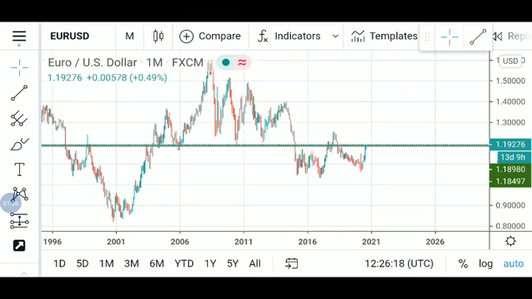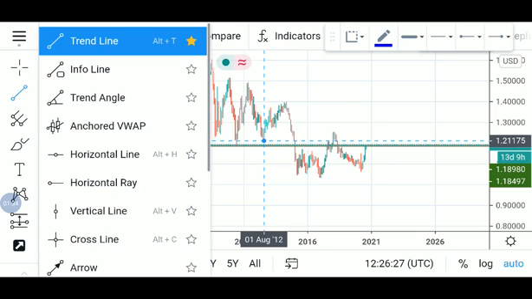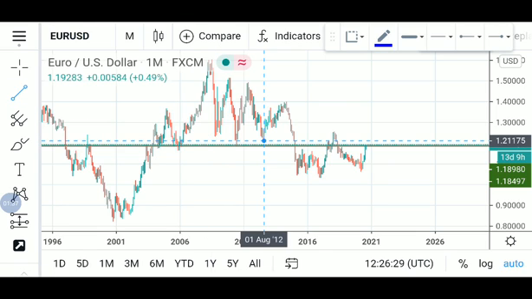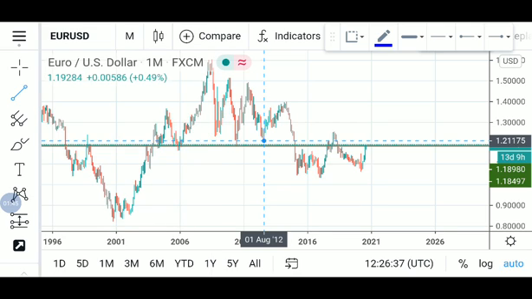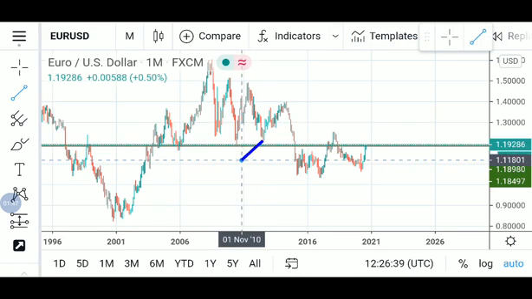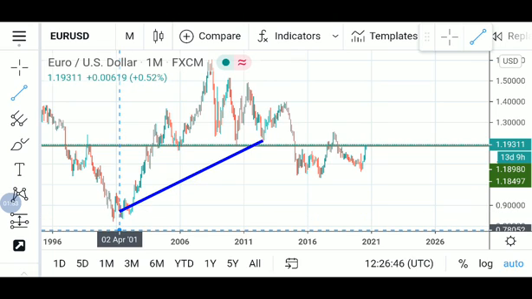Let me do that real quick just to show you how things work. You click on the line on the left hand side, the second one down, and choose trend line. There are two trend lines I want to do here. One here, put it down there.